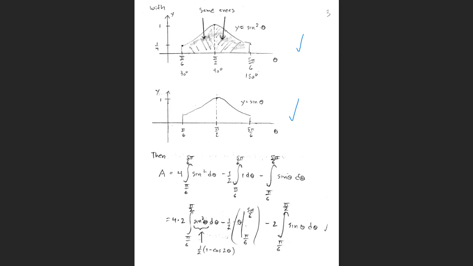And you can see that about 90 degrees, or pi/2, the graph is symmetric, and so you end up with the same areas to the right and the left of pi/2.